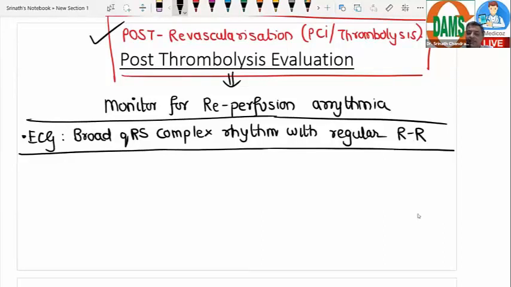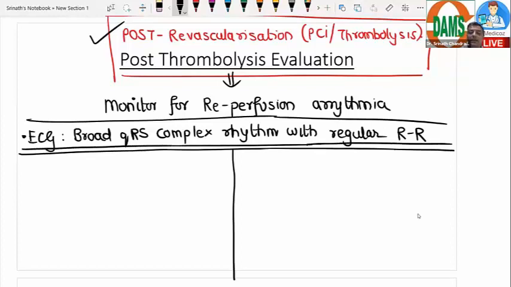The answer is it's not yet known whether you should be happy or sad, because the pattern is the same till here. A broad QRS complex with regular RR can be seen with the most common reperfusion arrhythmia, that is accelerated idioventricular rhythm, the AIVR.